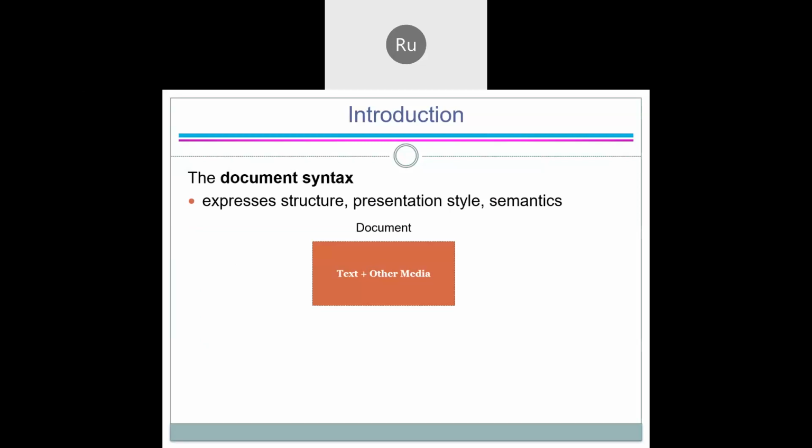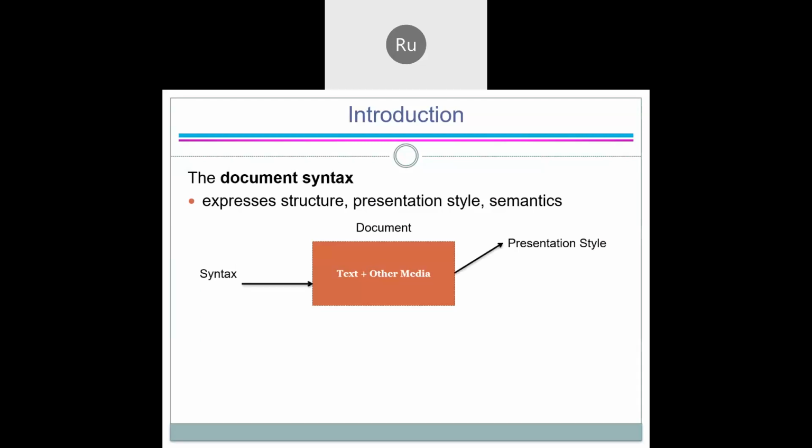Okay, so for example, this is your document, so it contains text and other media like images and sound. Sometimes in a slide, you can click on a button and it plays the video and also the sound and so on. So you have to provide format or structure for them to be arranged nicely. Nowadays they call one page of information a dashboard.